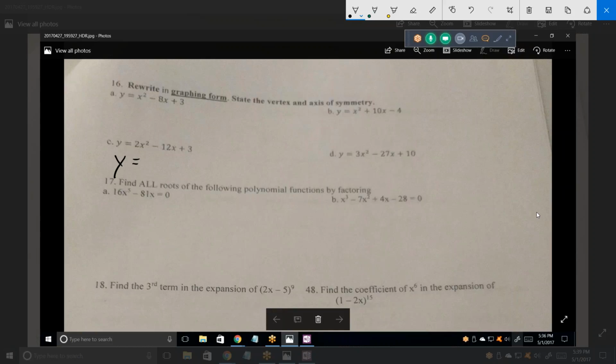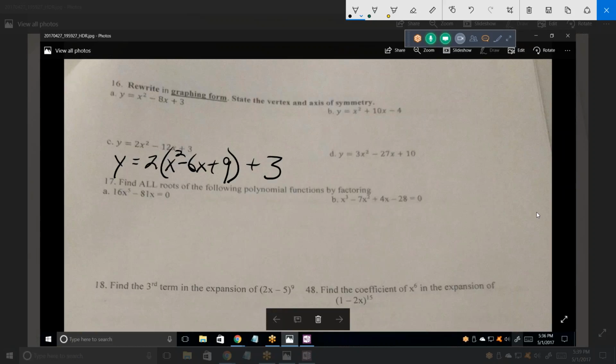Y equals 2 times x squared minus 6x, and then go outside of the parentheses plus 3. Good. Complete the square. It's plus 9. Balance it out. In other words, when I wrote plus 9 in there, I can't just arbitrarily write it.